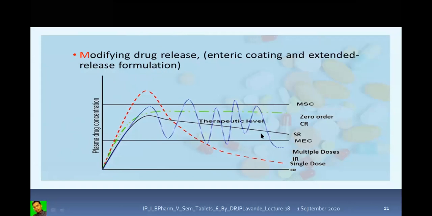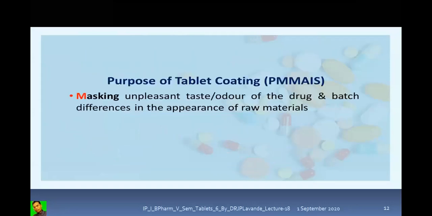Here you can see there is a sustained release type of formulation, there is a zero order controlled release type of formulation, there is an immediate release single dose formulation, and there is a controlled one. And this is the conventional dosing pattern in which frequently we have to go on giving the dosages. So we can go for modifying the release of the drug by coating the tablet.